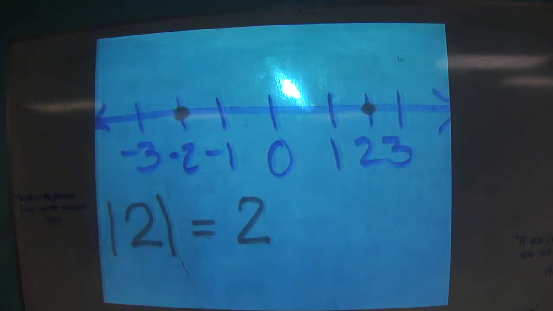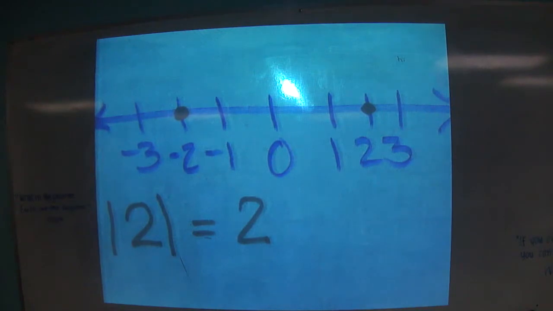Now let me ask you a question. If you're walking forward and you take 2 steps, how far did you go? 2 steps. If you step 2 steps backwards, how far did you go? 2 steps.